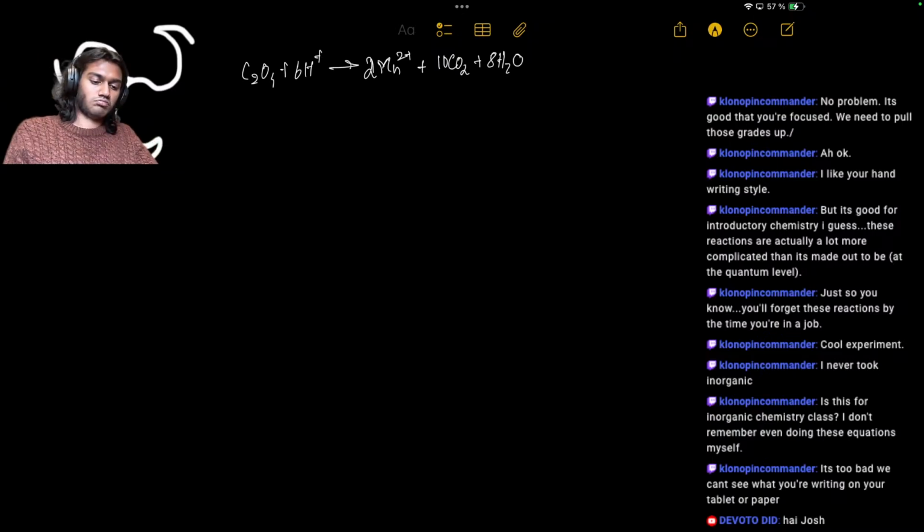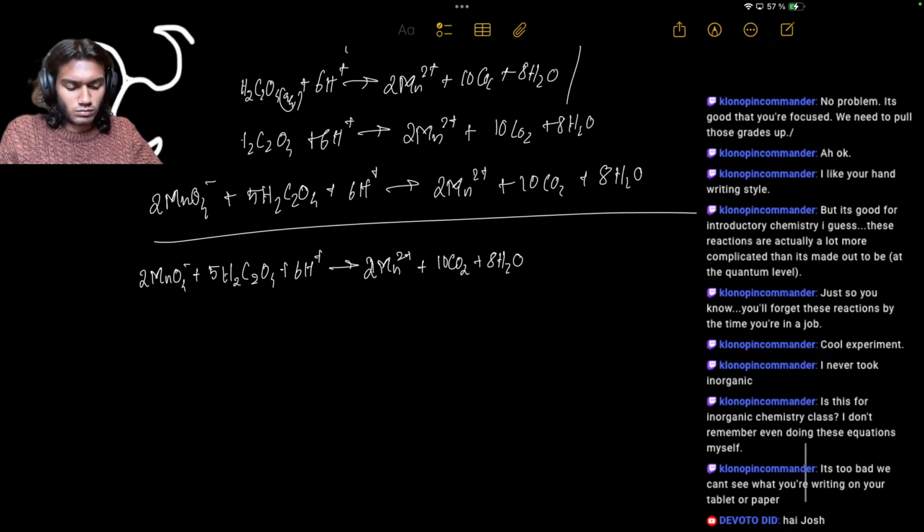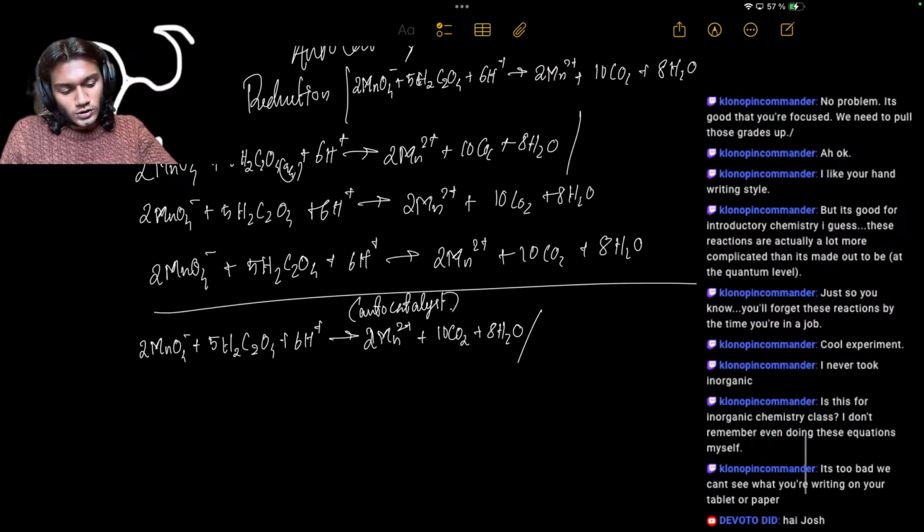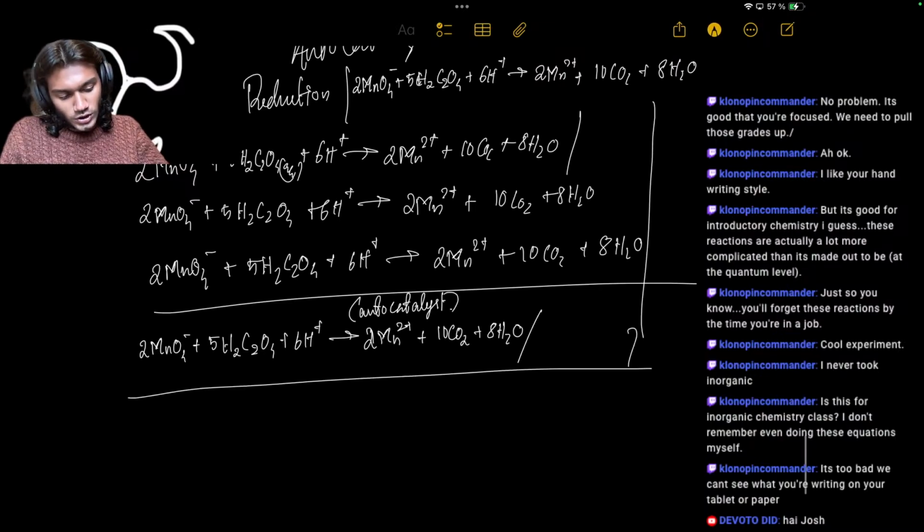Oh shit. Okay. So this is the autocatalyst. Again, the whole reaction involved in section 4.